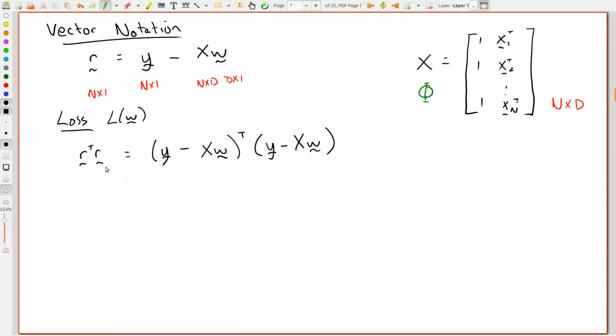Great. Okay, so in a sense, we've just defined our loss function now in terms of these residuals. So what is our objective really? Our goal is to solve for some weight vector W that minimizes our loss.